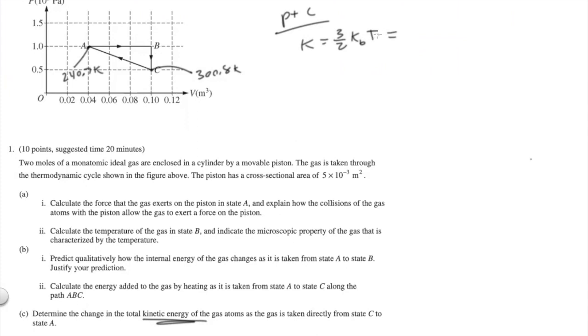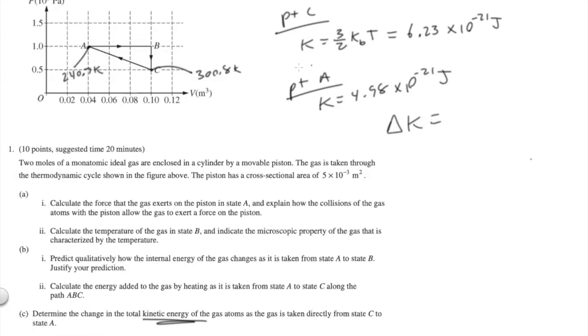You plug into that, and at point C we get 6.23 times 10 to the negative 21 joules. Then at point A, we get a kinetic energy of 4.98 times 10 to the negative 21. So for the change of kinetic energy, we're going from C to A, so A is the final and C was the initial.